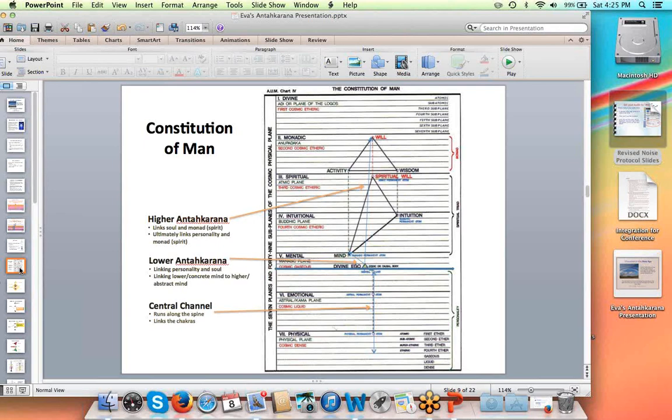If you look on the side here, it reads the 7 planes and 49 subplanes of the cosmic physical plane of our planetary Lord, our planetary logos, our planetary life, whatever words you're comfortable with. So that is his physical, etheric.